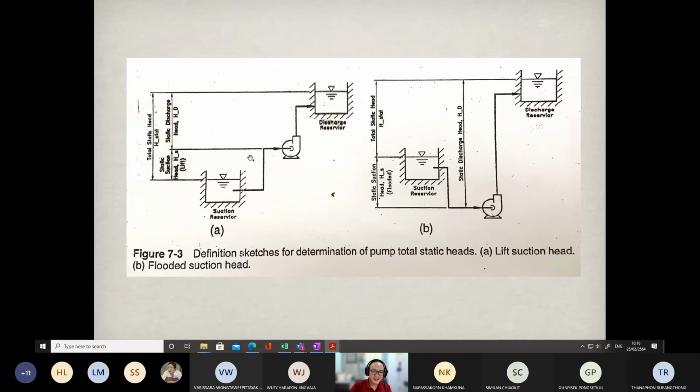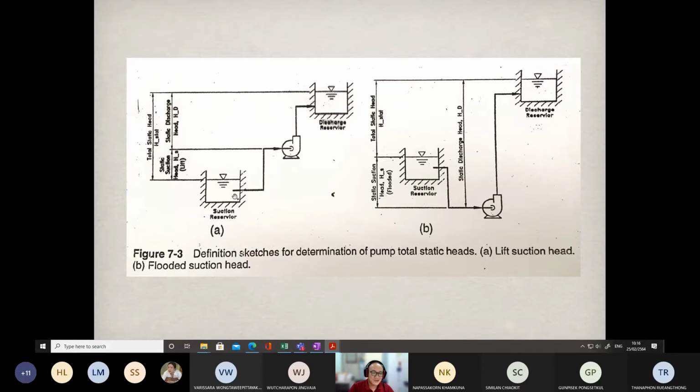And the vertical distance between the center line of the pump and the water level in the lower reservoir is called the static suction head.